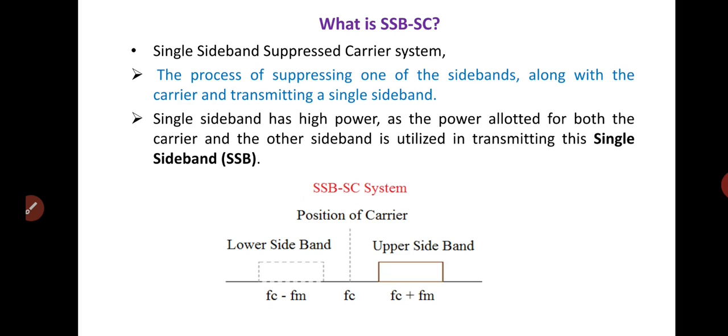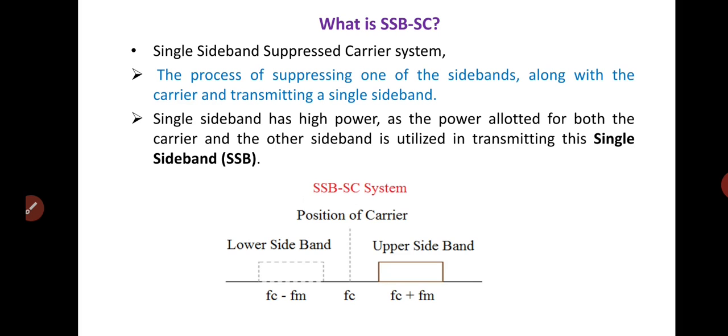So in the last slide, we have discussed the suppression of the carrier. Now, what is the need of suppression of the single sideband? As you know, both sidebands carry the equal information.